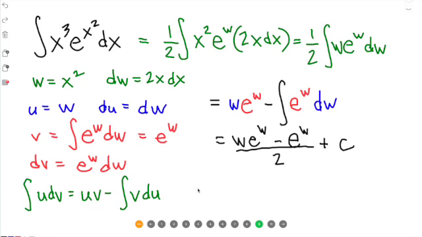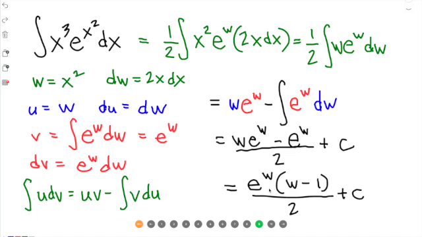Actually, we can simplify this by taking e to the w times w minus 1 all over 2 plus c. So now we need to substitute our values for this.